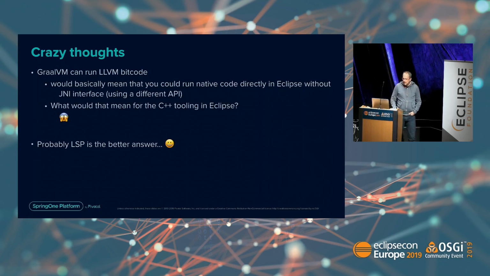And maybe since GraalVM is able to execute LLVM bitcode, I'm coming back to Doug and the C development tools and his efforts to re-implement the C++ parser in Java. So maybe with this technology, he would be able to reuse the Clang implementation for doing that.